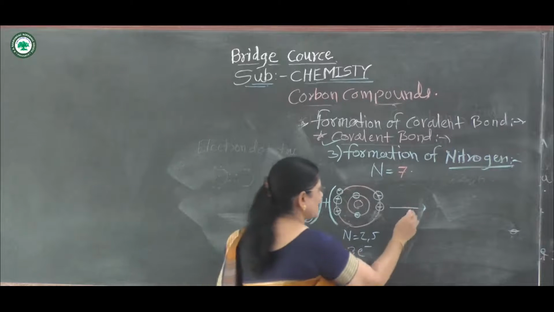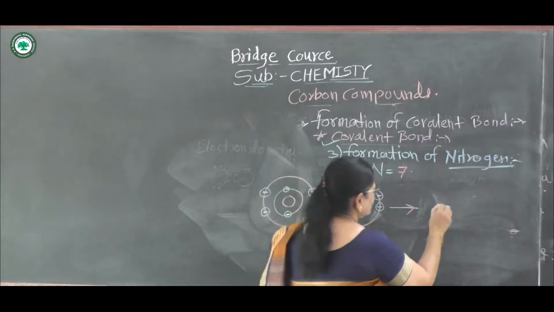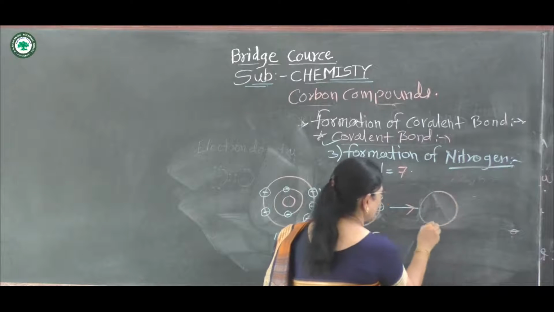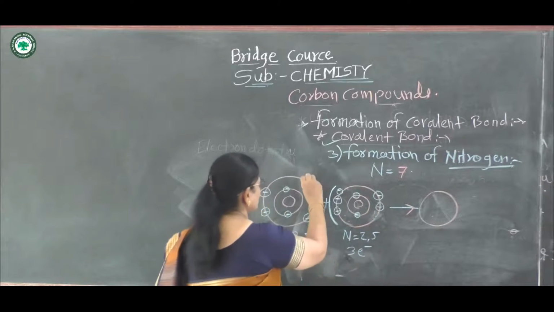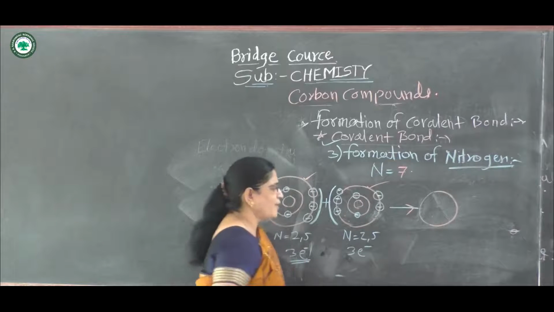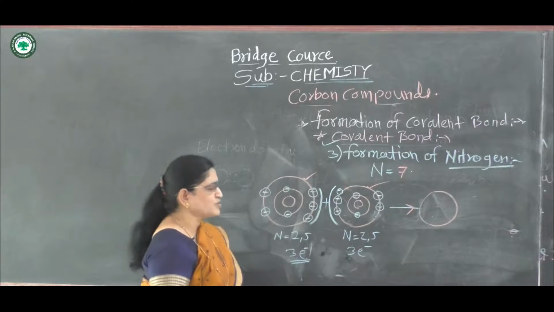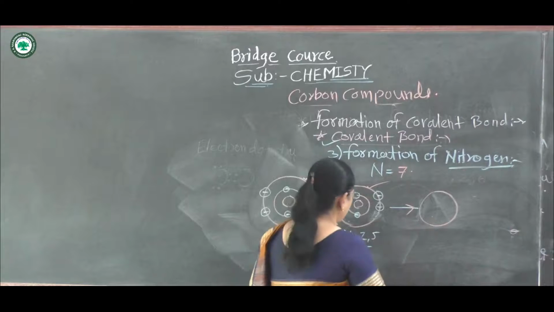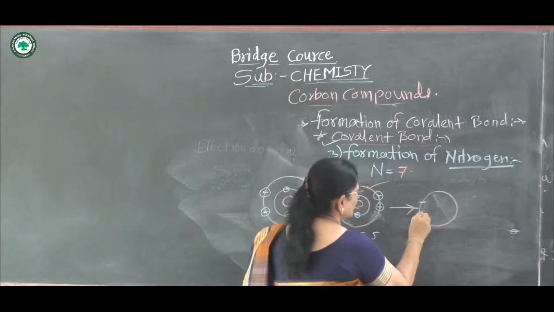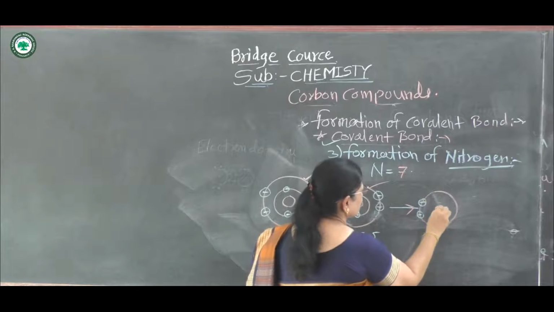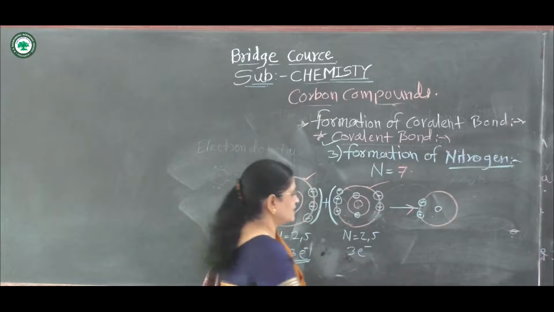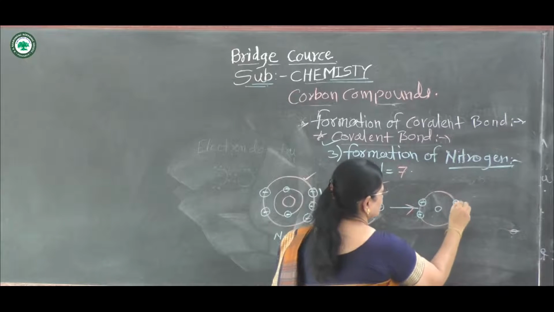Then how does it form the nitrogen molecule? Again, suppose this is the outermost orbit of this nitrogen. I will show only the outermost orbit. This nitrogen has these 2 electrons, this is the nucleus having 2 electrons, and these 3 electrons.